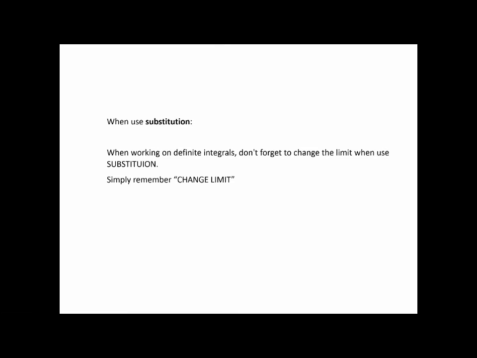Also, when we use substitution working on a definite integral, we have to pay attention to the limits, because when you use substitution, your limits can change. We will see problems later, but for now, we simply remember that if I use substitution, I probably need to change the limits.